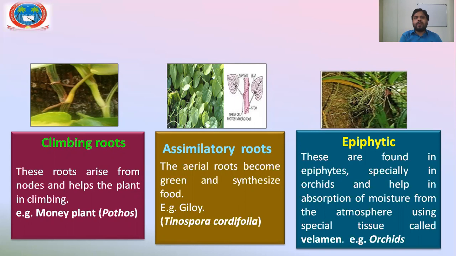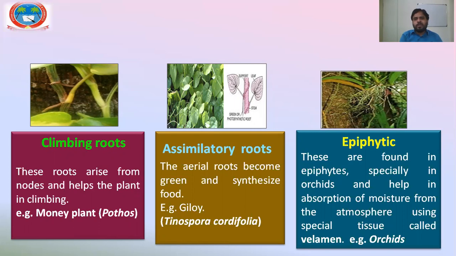In these plants the epiphytic roots, also called hanging roots, are present. The best example is the orchids. All orchids generally grow on other tree trunks and have a particular type of root called the hanging root or epiphytic root.